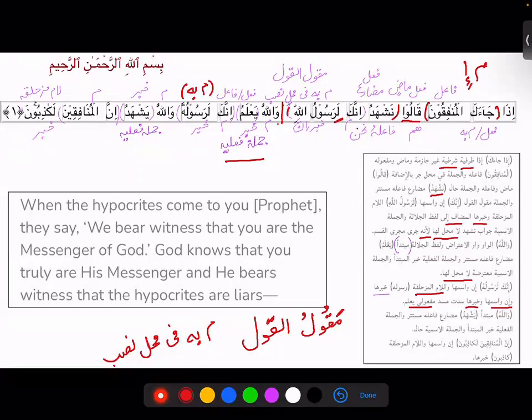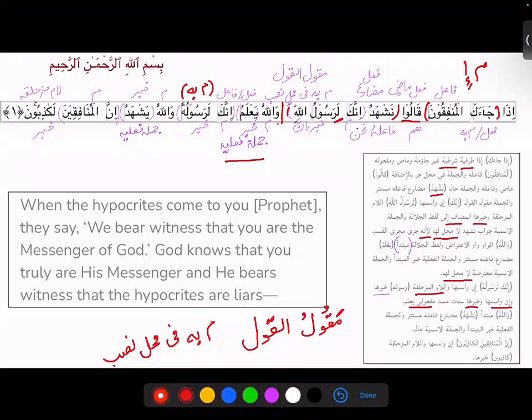So now ya'lamu, its maf'ul was inna kala rasuluhu. So there aren't two maf'ul, rather there is a jumla ismiya. So basically it is saying that this jumla ismiya is taking the place of two maf'ul which ya'lamu needed. Does it make sense?